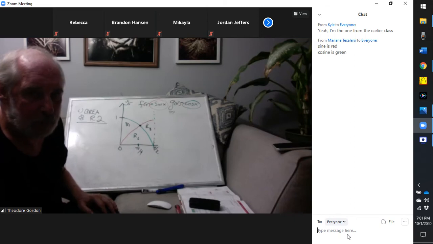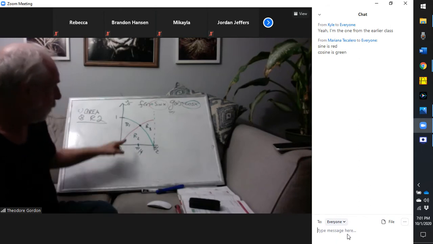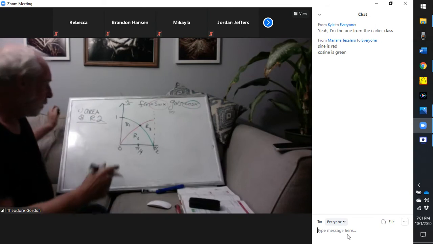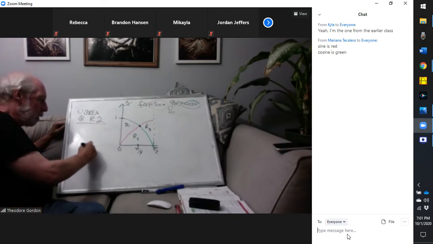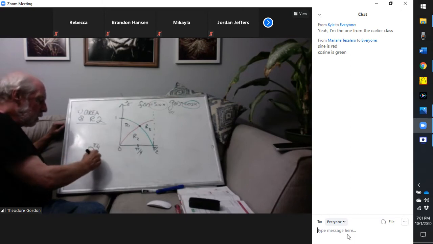We have to break it up into 2 pieces. To do the area of this, you would do the area from 0 to pi over 4 of the sine.